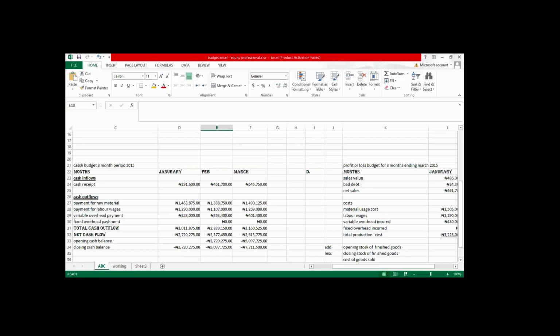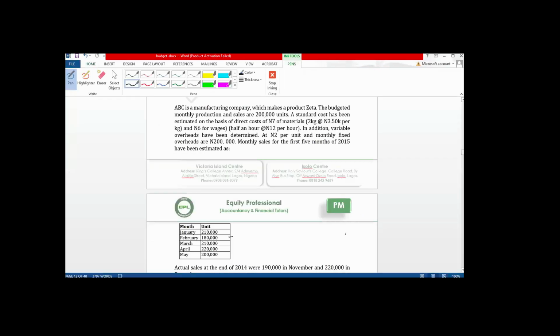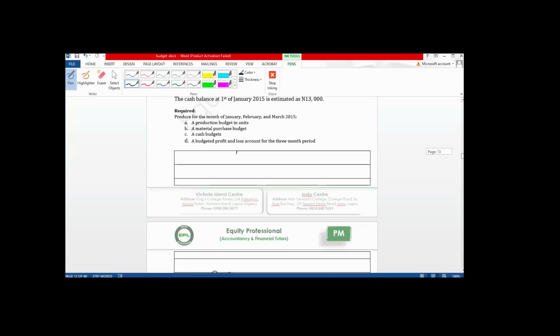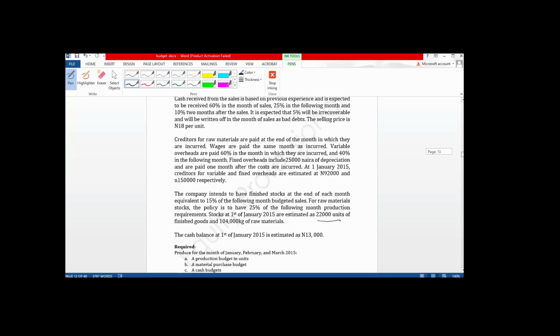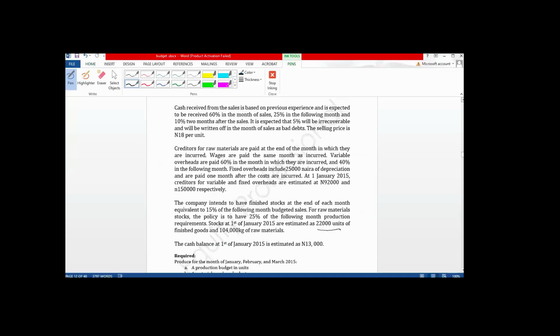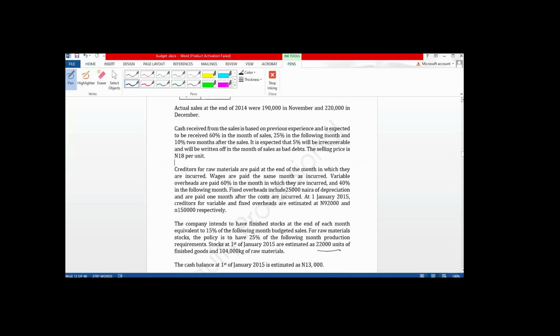Let us go to the policy. Look at the policy. Look at paragraph 3. Cash received from the sales is based on previous experience.